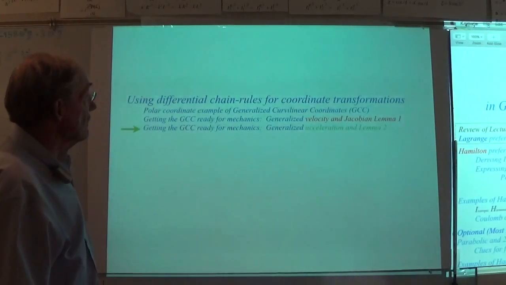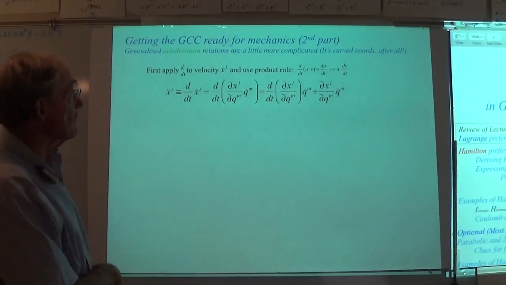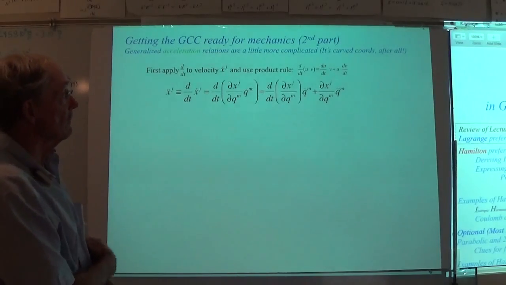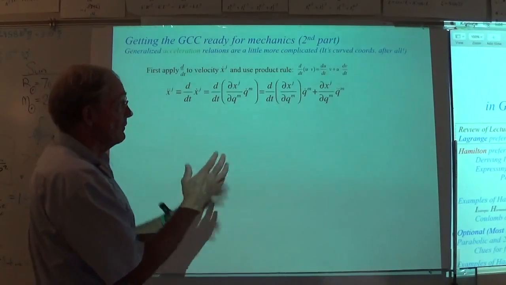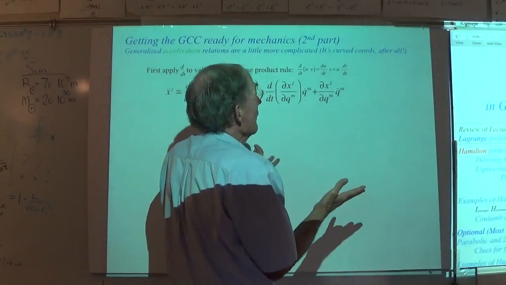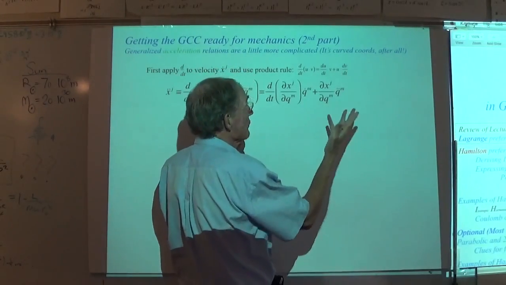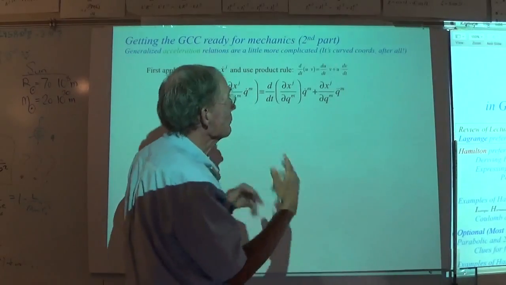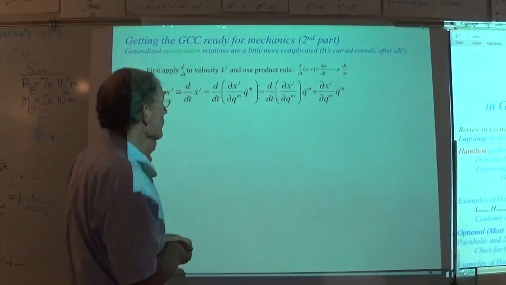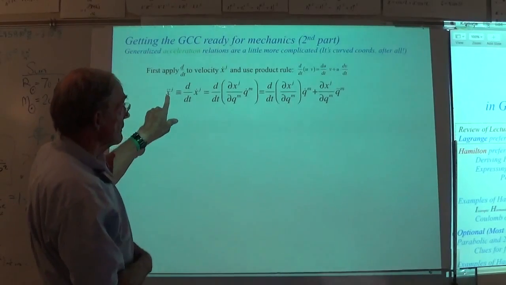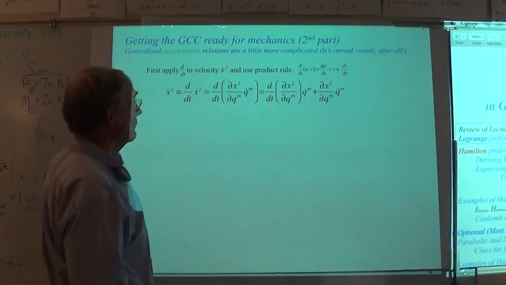Okay, now let's get to something where it really makes a difference, that we are dealing with curvilinear coordinates. The reason that we could have such a simple lemma for velocity is that, well, for velocity we need the first derivative. But here we need more than that. We need the first, and then we need a derivative of that derivative. So what you're looking at here is acceleration, and you need to use the product rule.